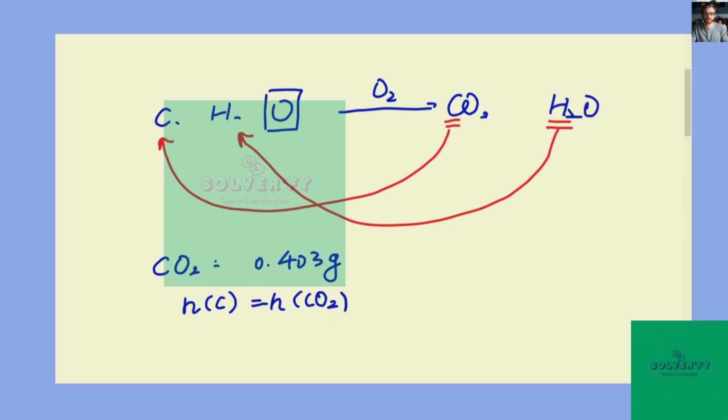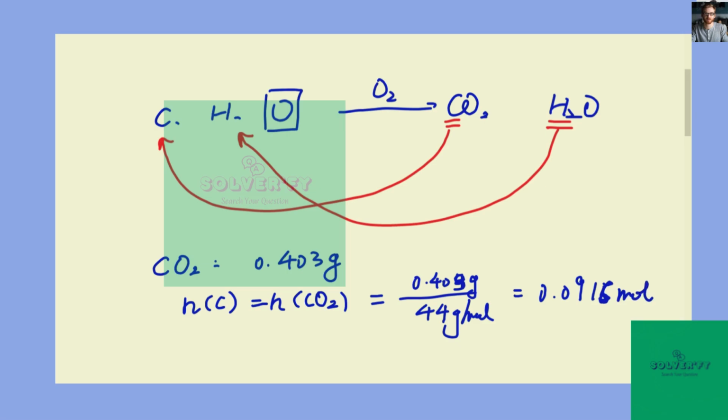If you look at the formula, it equals the mass of the carbon dioxide over the molar mass of the carbon dioxide. This equals 0.403 over 44, which equals around 0.00916 mol.